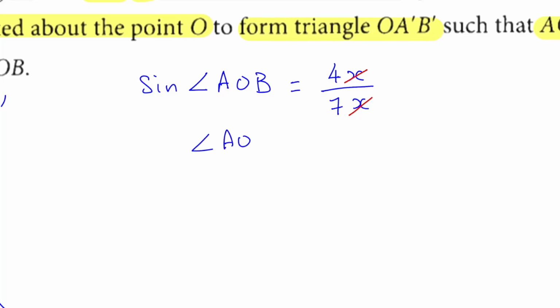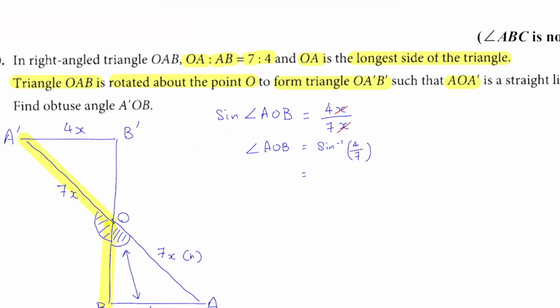So angle AOB equals sine inverse of 4 over 7, which is 34.850 degrees, 3 dp.